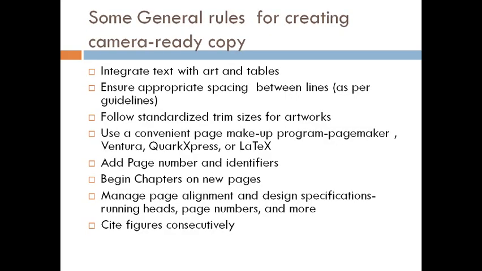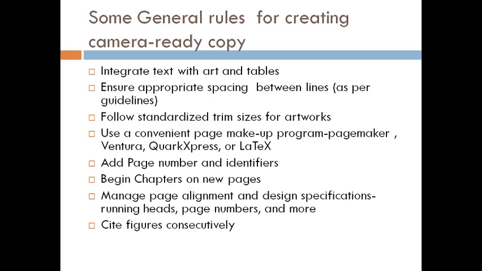And some general rules for creating camera ready copy. Camera ready copy actually helps us to integrate text with art and tables. It also ensures appropriate spacing between lines as per the guidelines. It also follows standardized trim sizes for artworks.